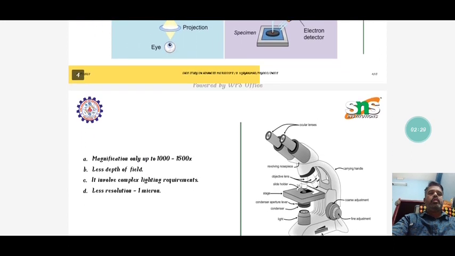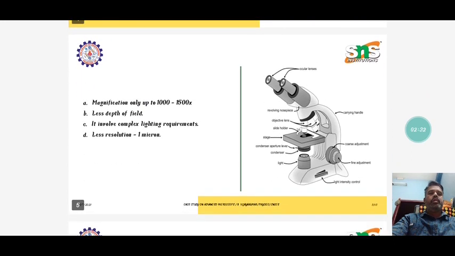Then the next one is the lab microscope. We have checked each and every microscope from the lab up to the advanced level. The magnification is only about 1000 to 1500x, with less depth of field, and it involves complex lighting requirements.